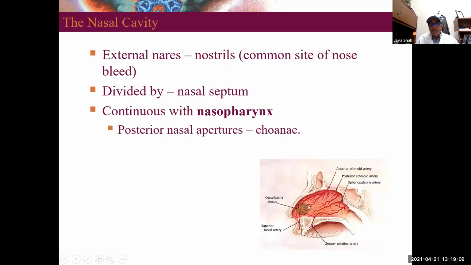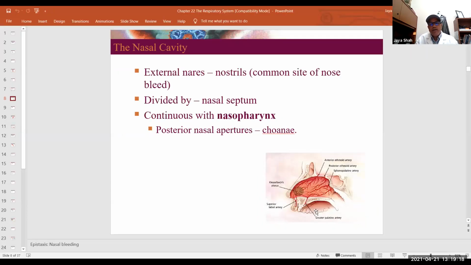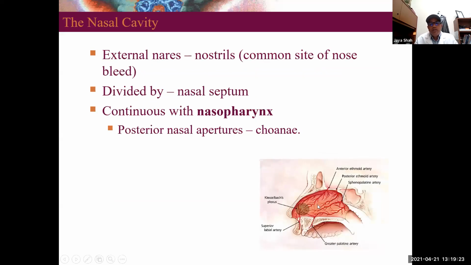In the anterior part of the nose, this area is called Little's area, L-I-T-T-L-E, or we also call it Kiesselbach's plexus. You see, in the nose there are a lot of blood vessels. Do you know why? To make cold air warm and cool down hot air based on the blood flow here.